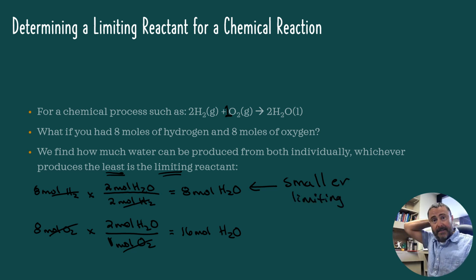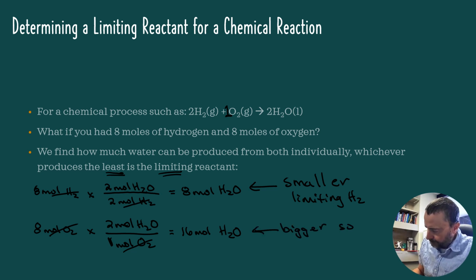All right, that is the smaller value. It is the limiting reactant. It is going to run out before the oxygen runs out. So this one's bigger. It's in excess.